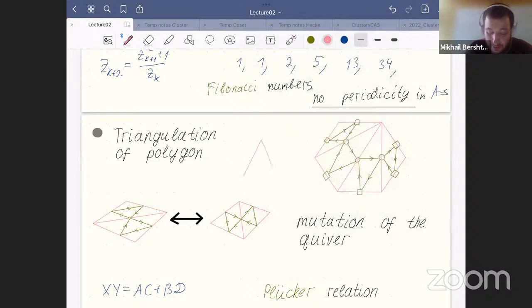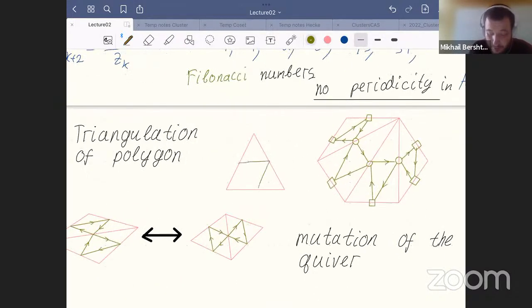In each triangle, we put vertices on its sides and orient them clockwise.